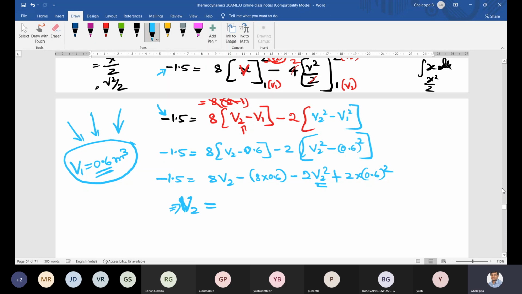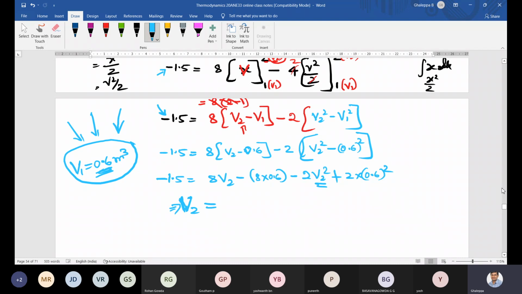The volume of the balloon is 0.6 and you are pressing the balloon. Once you press the balloon, what will happen? The volume of the balloon decreases. So V2 should be less than 0.6.